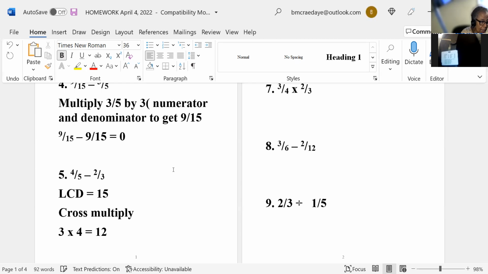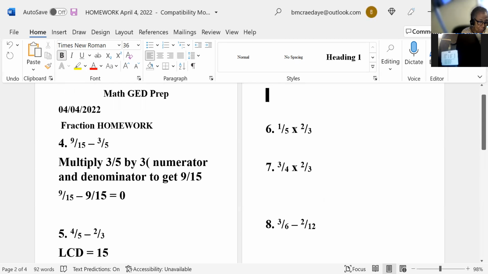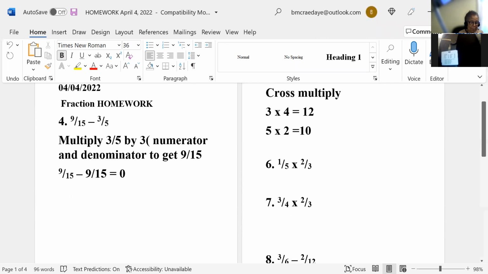And the other one is what? 5 times 2 is 10, so this will be 5 times 2 equal 10. And now you know that would be all over the 15, right? Yes, because that's what the denominators multiply by to give you 15.